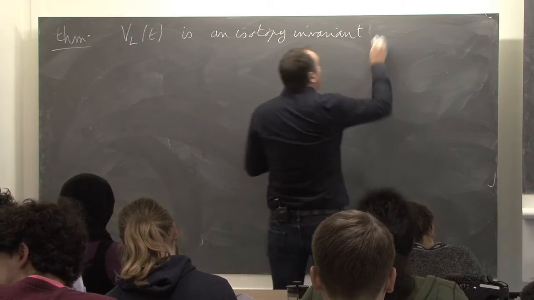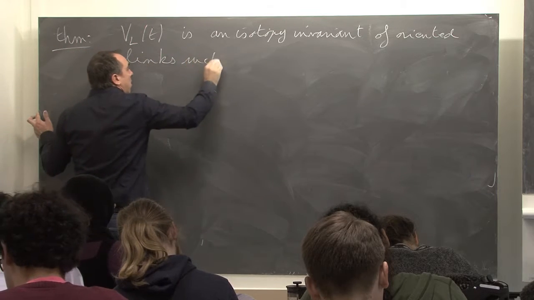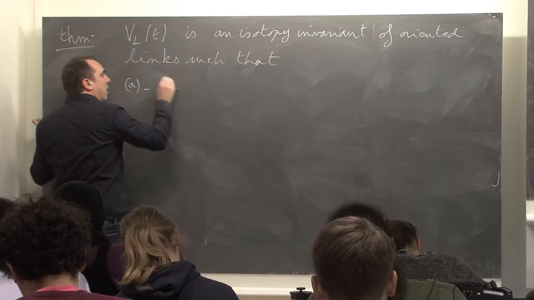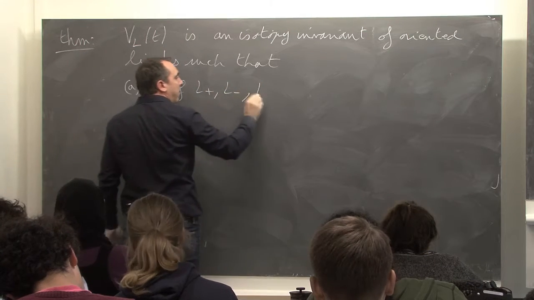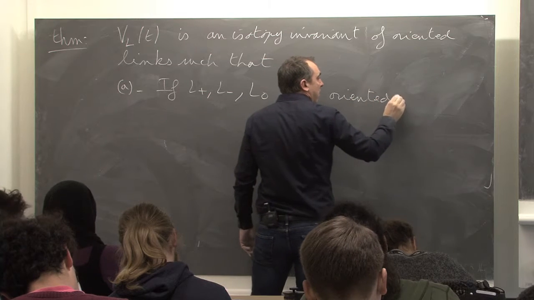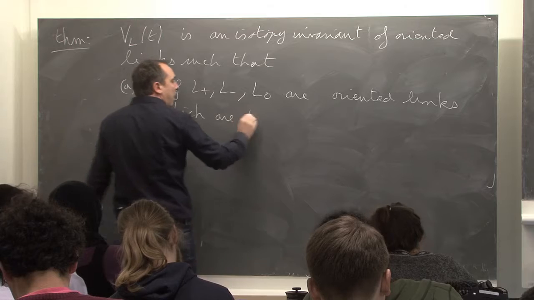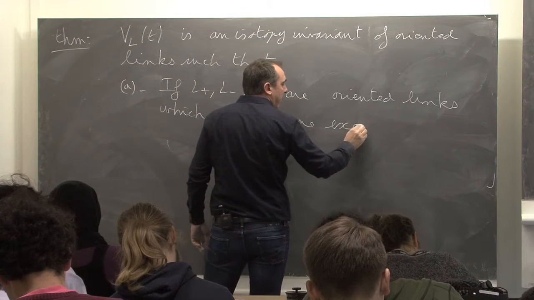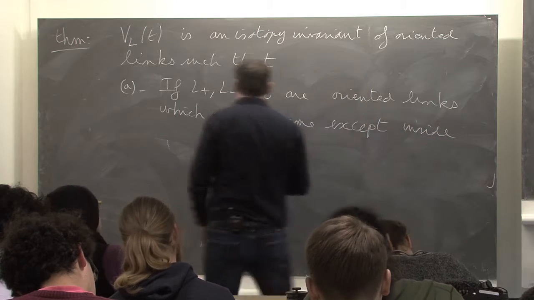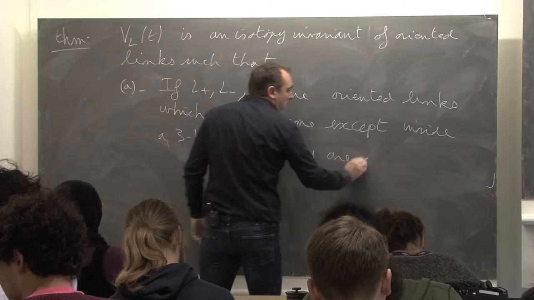So it is an isotopy invariant of oriented links such that, first, if L plus, L minus, L0 are oriented links which are the same except inside a ball, where they are as so.